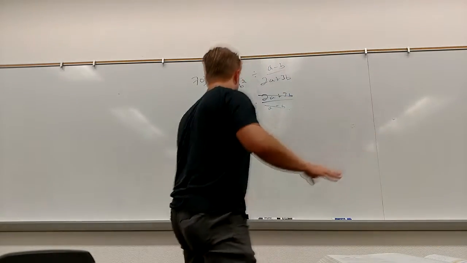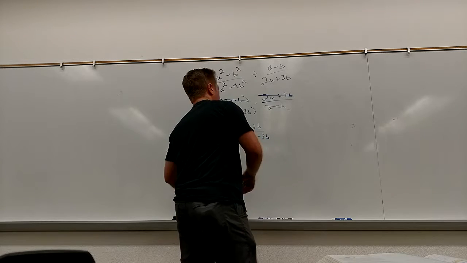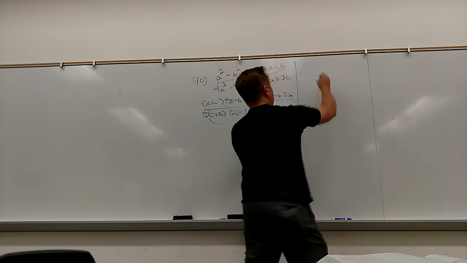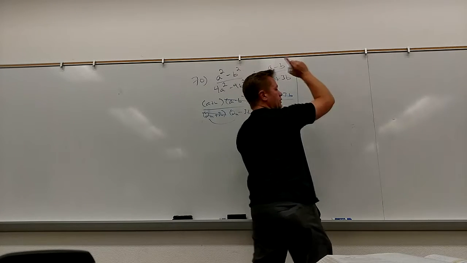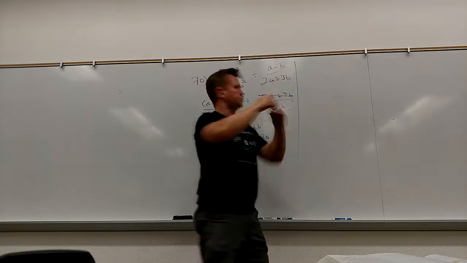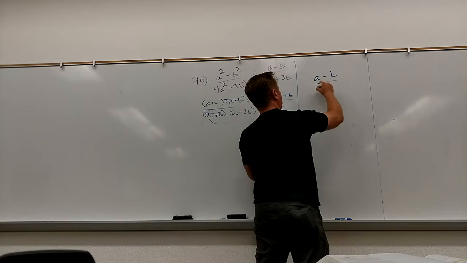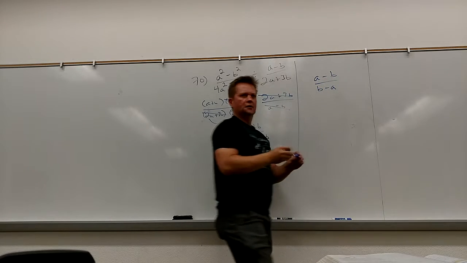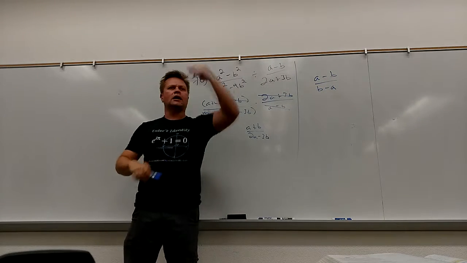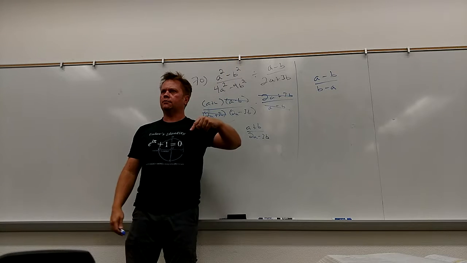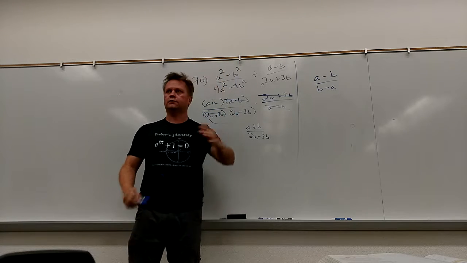Oh, okay, good. You're good. This is perfect. Can somebody tell me, this is related to this problem, but it also shows up earlier. If I had a minus b over b minus a, is the top the exact same as the bottom? No, so they can't cancel directly.